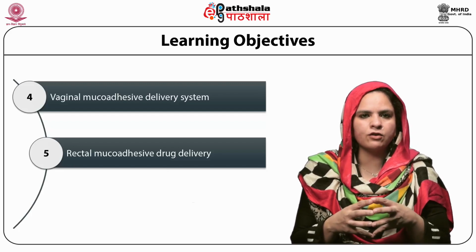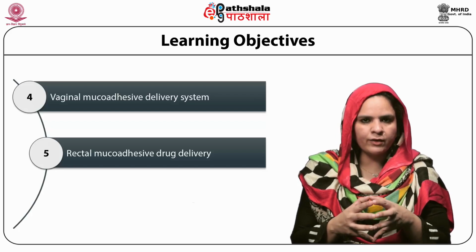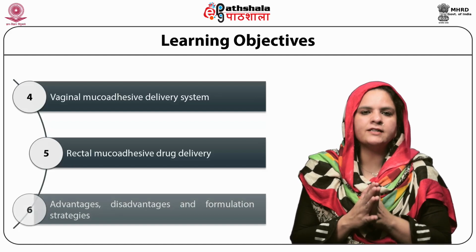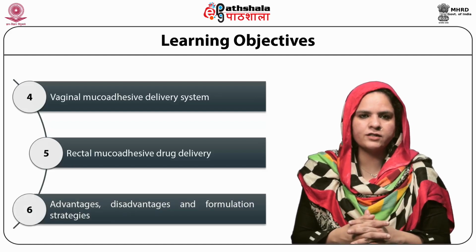Then we will further talk about the vaginal and the rectal mucoadhesive drug delivery systems, their advantages, disadvantages and the various types of formulation strategies. Amongst the various mucoadhesive drug delivery systems, the first one which will be of interest to us are the ocular mucoadhesive drug delivery systems.